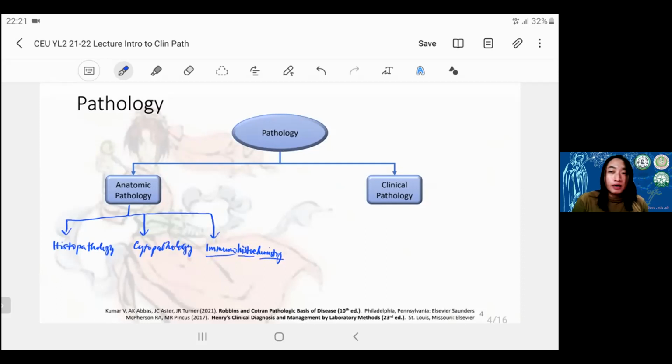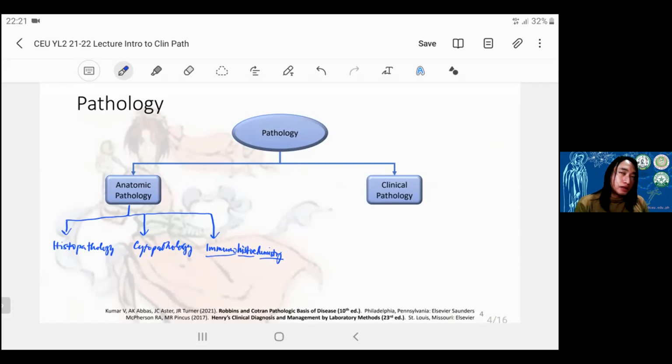So these are chemical substances that exhibit colors, and usually the basic color that we use is color brown. So when we use immunohistochemistry, the bound antibodies would be seen as a brown color.